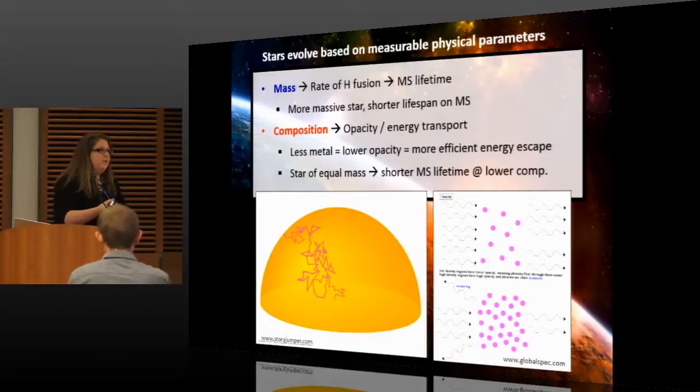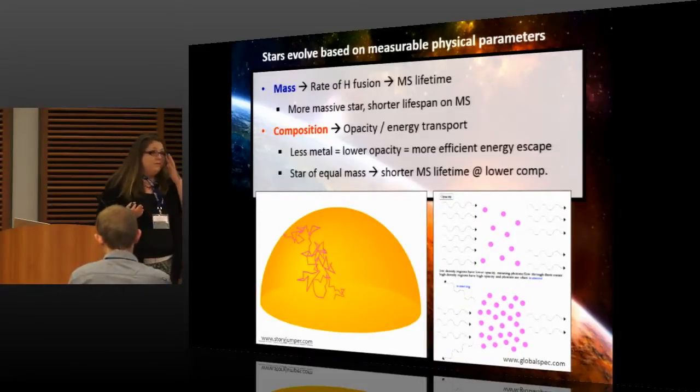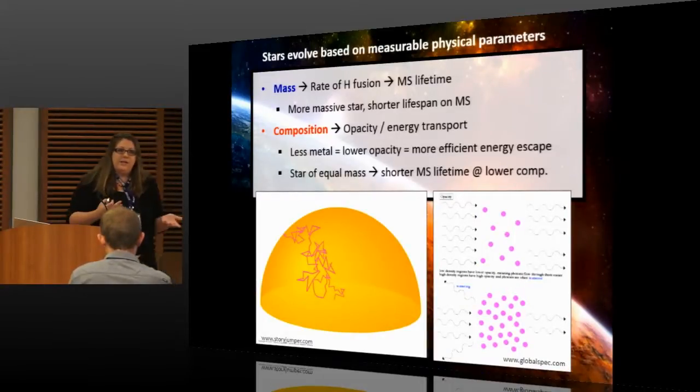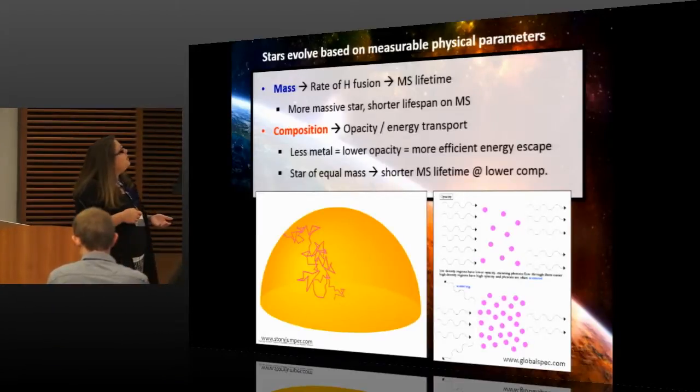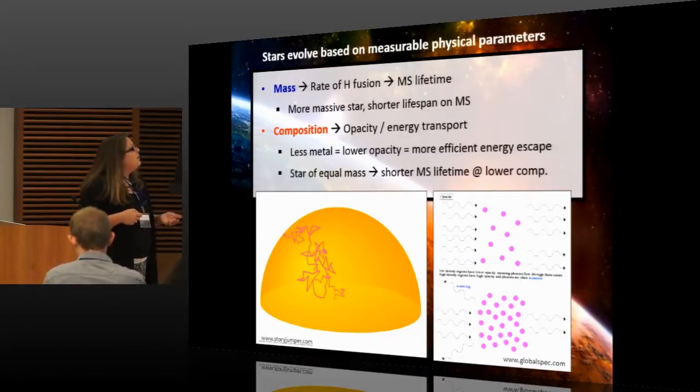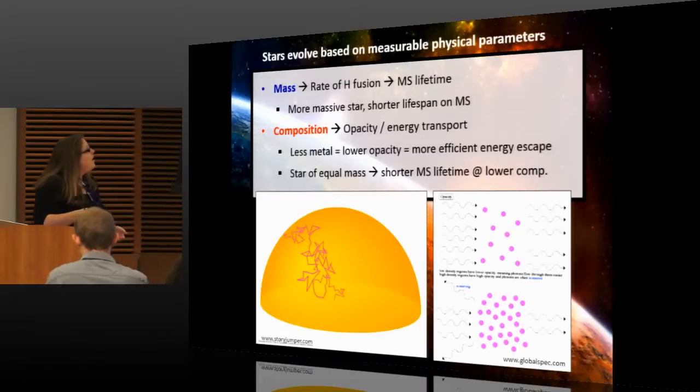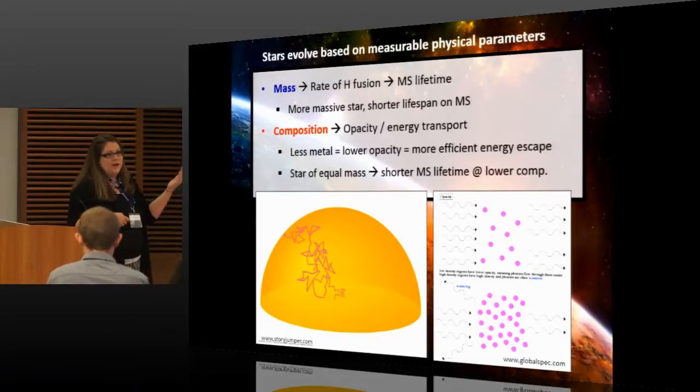Also composition, so what the star is actually made of. Now, stars are mostly hydrogen and helium, but they're also made up of other heavier elements, and differing combinations of these elements actually affect the opacity in the star, which affects the energy transport. So if you have a high opacity, you're going to have photons being generated in the center of the star running into more material as they try to get out.